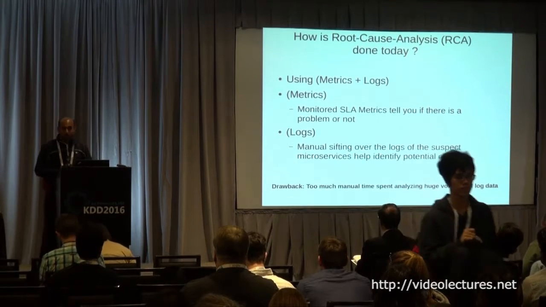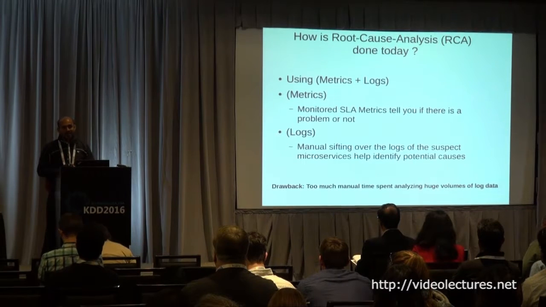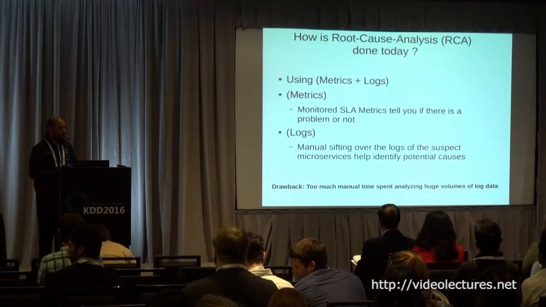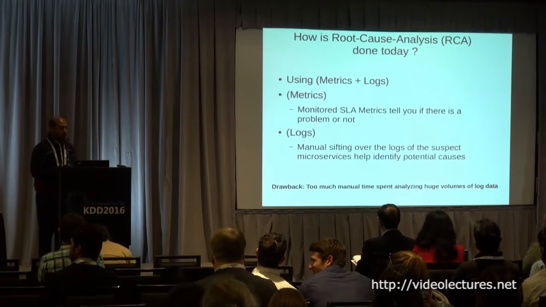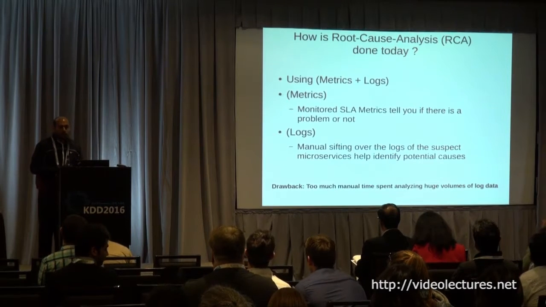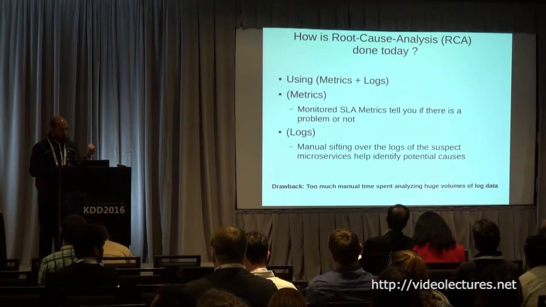This is a very painful exercise, and this is exactly what we are trying to automate in this work. The data mining model that we have built will automatically pinpoint where the problem is.